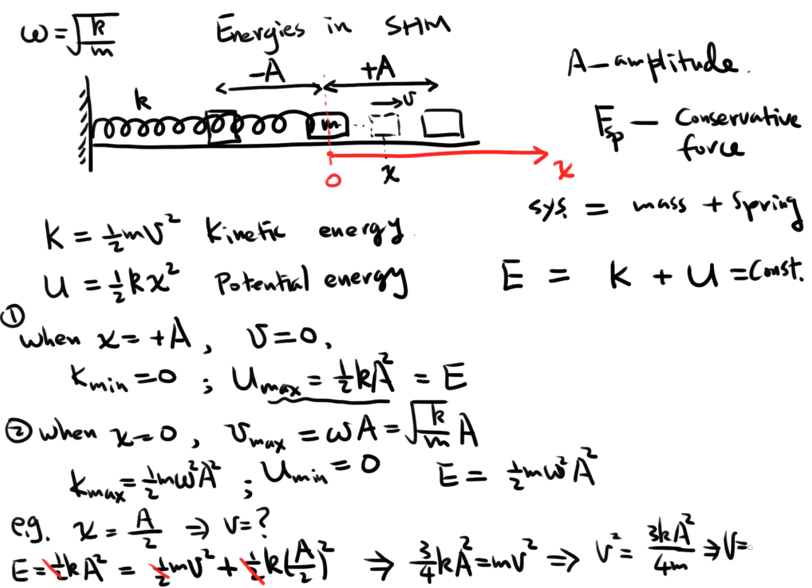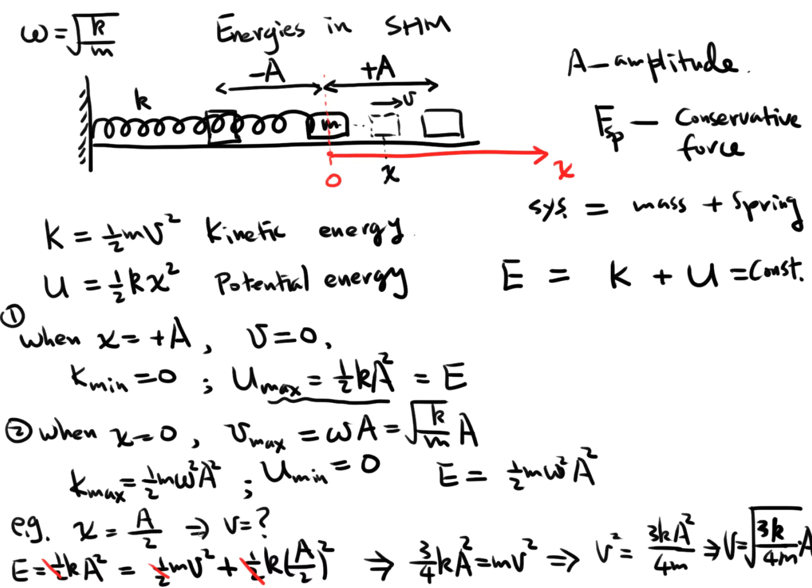So the speed, the magnitude of velocity, is given by the square root of 3K over 4m, times a. So here is just one example calculation to show you the convenience of applying mechanical energy conservation to calculate the velocity at a certain position that you already know.